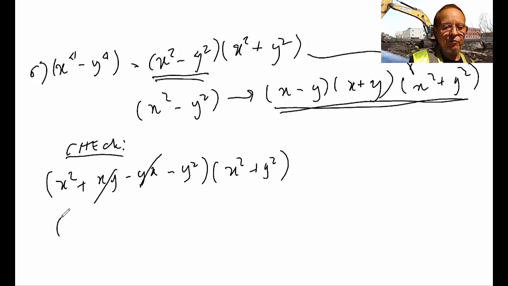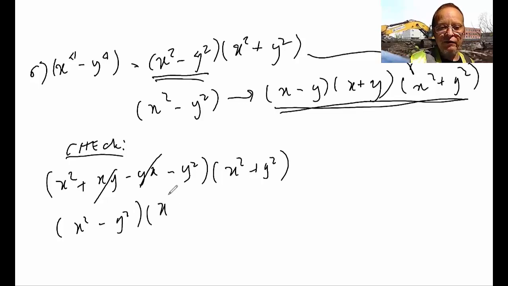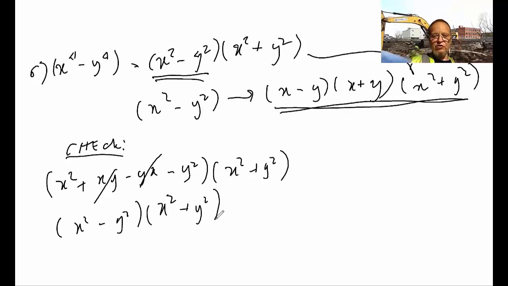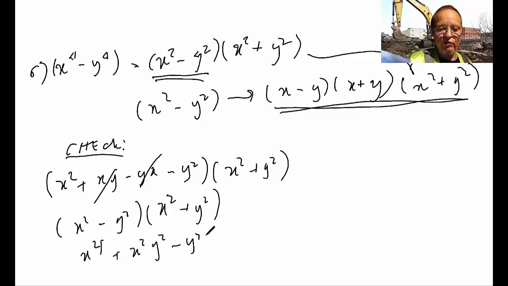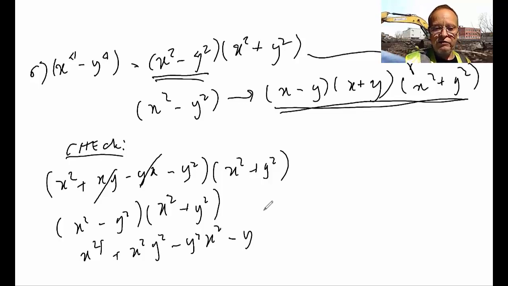And I end up with x squared minus y squared, and then I multiply that by x squared plus y squared just to finish up my check. And so I have x to the fourth plus x squared y squared minus y squared x squared, and then minus y to the fourth.